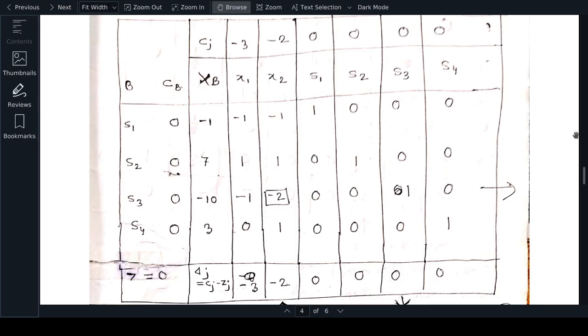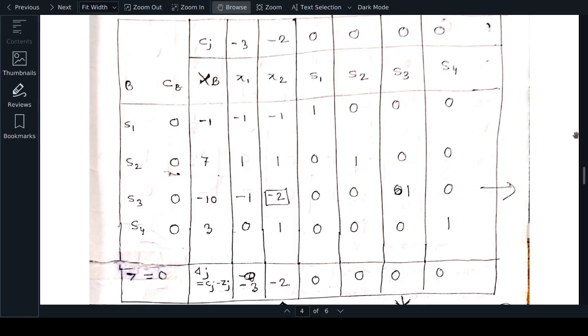Similarly, for the key column, we find the minimum of the ratio of Cj minus Zj and Yrj, where we consider only those Yrj values which are negative. Zero or positive we will not consider. Yrj denotes the key row element. So here -3 by -1 and -2 by -2, giving 3 and 1.